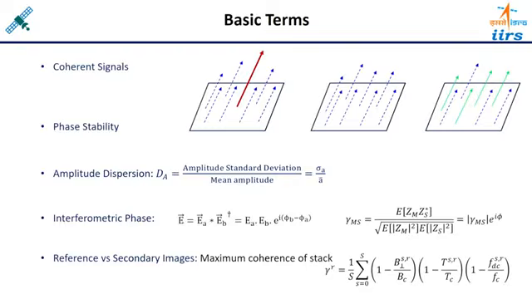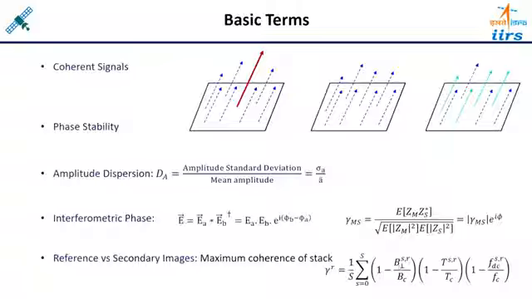So this Bc is the critical perpendicular baseline. If the separation between the satellites is more than this particular value, then the signals are completely decorrelated, and that pair of images is not suitable for interferometry. The actual perpendicular baseline is always smaller than the critical baseline.